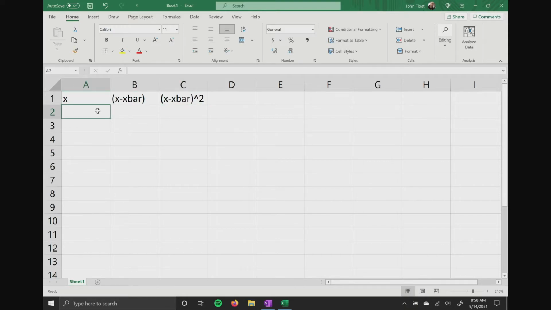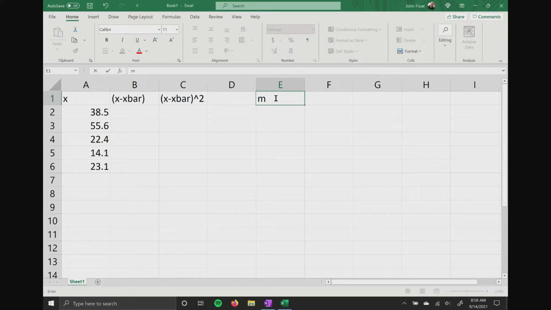So we have 38.5, 55.6, 22.4, 14.1, 23.1. Off to the right here, in cell E, I'm just going to write the mean. And then directly to the right of that, I'm going to type in a formula.